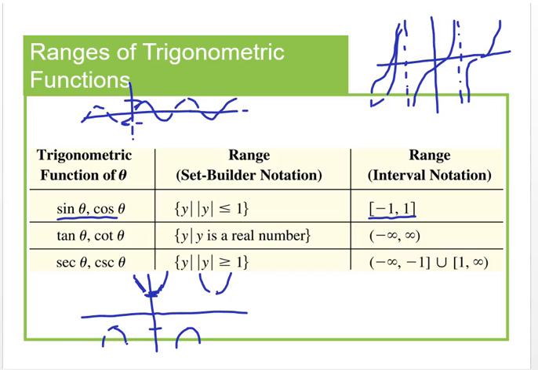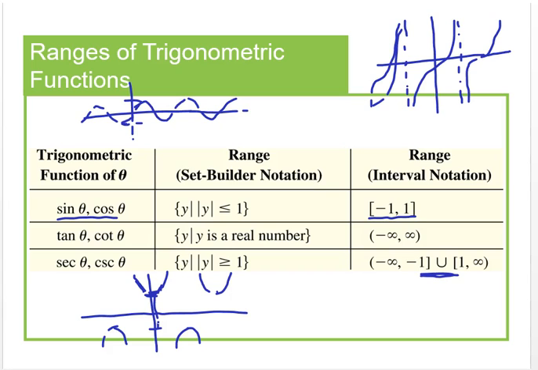But the reason that we have this union symbol right here is because, yes, it goes from -infinity to +infinity, but it skips the portion between 1 and -1. You will never have values that are between -1 and 1 for secant and cosecant.